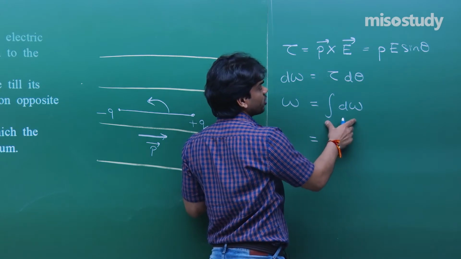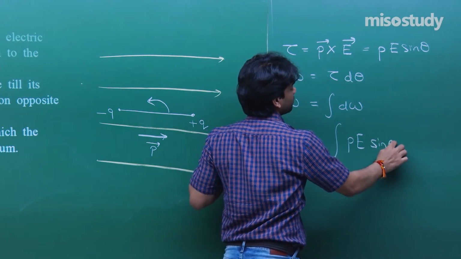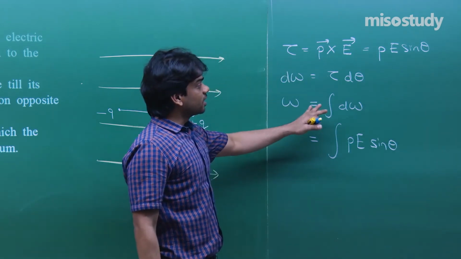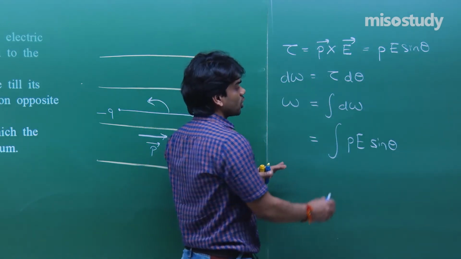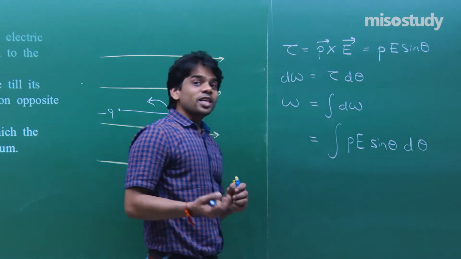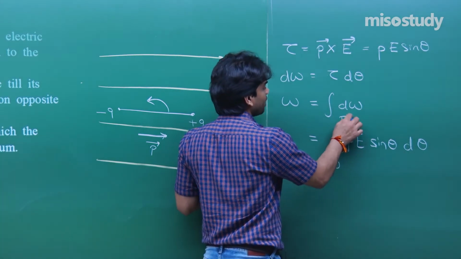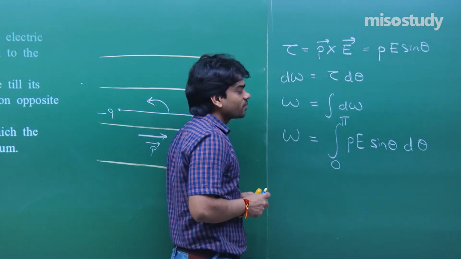So integration of dW is PE sin theta d theta, with limits 0 to pi, and the work done I will obtain here.